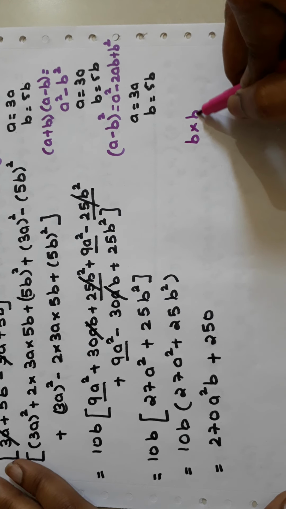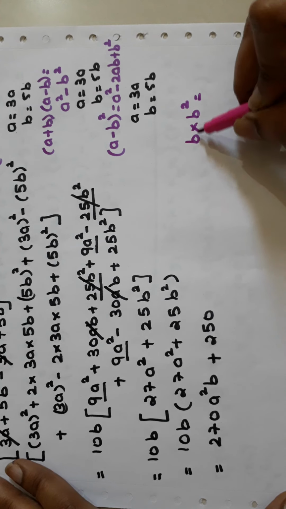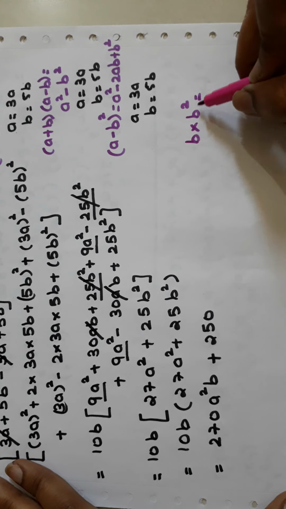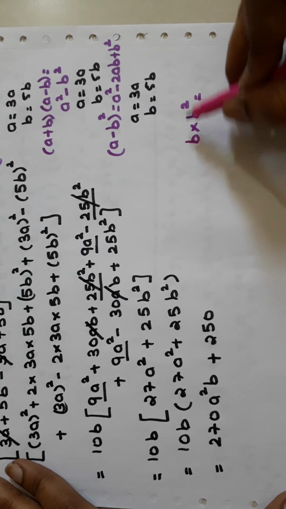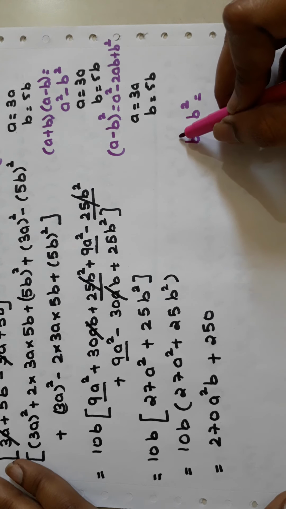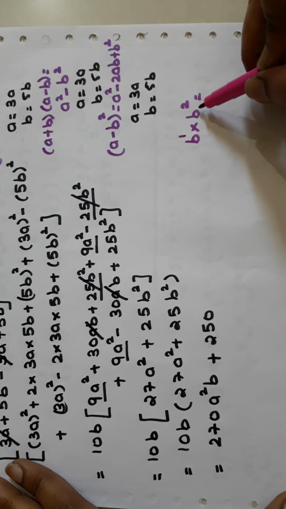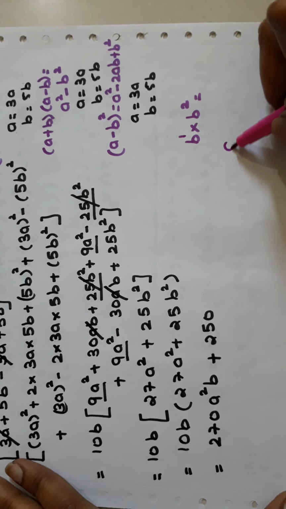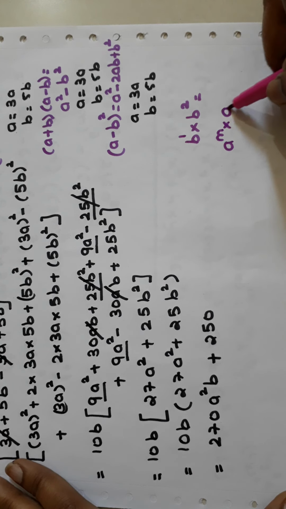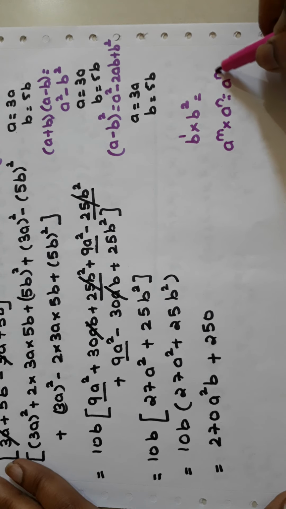b into b square. Now here the base is the same for both terms but the power is different. Here there is no power, so you will take it as 1. By law of indices, a raised to m into a raised to n is a raised to m plus n.